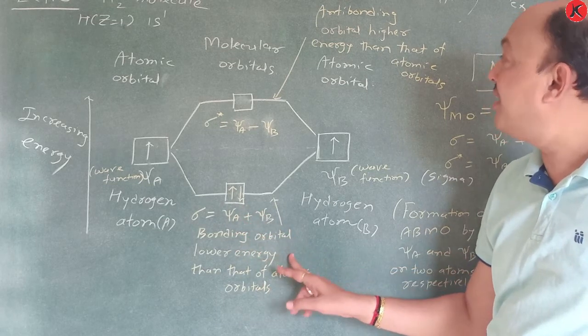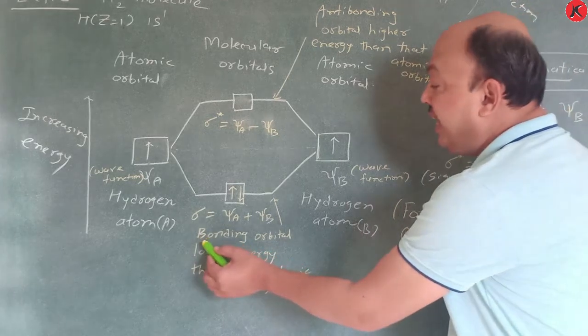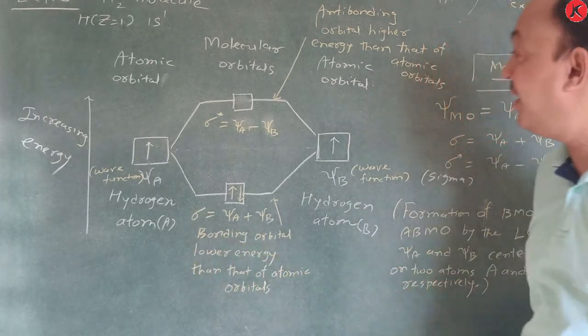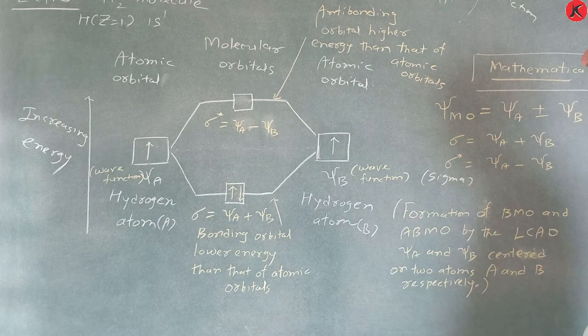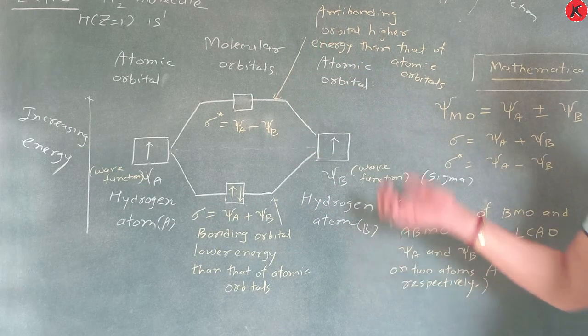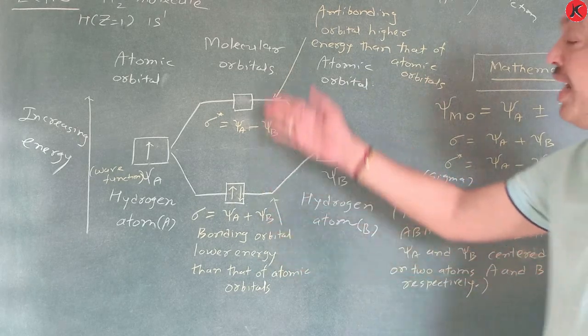BMO contains lower energy, ABMO contains higher energy. So remember this one: BMO is the bonding molecular orbital, and this is known as ABMO, the anti-bonding molecular orbital.